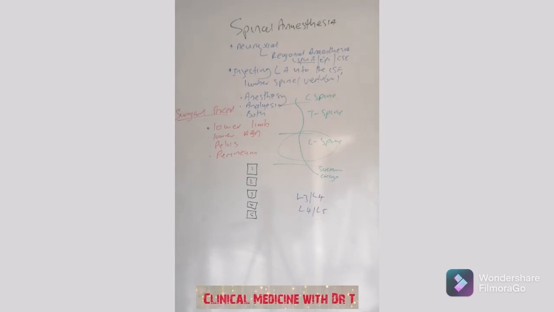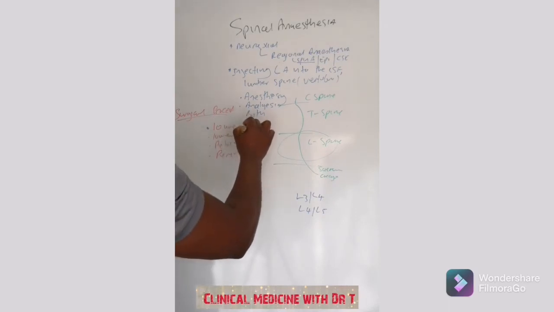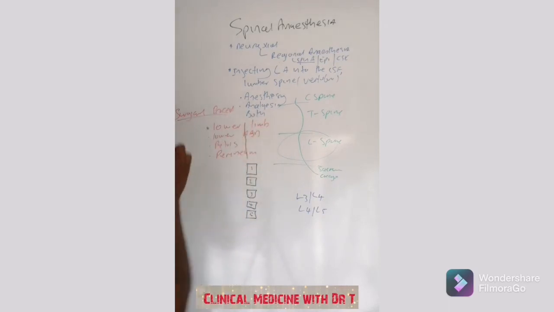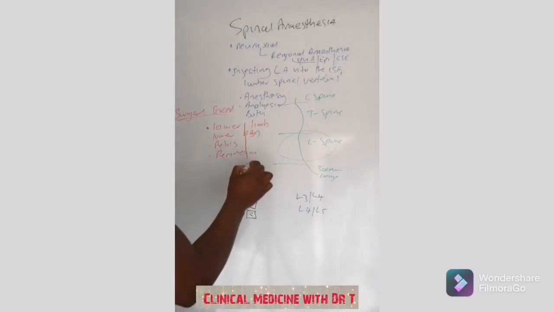The reason is that the spinal cord, as it runs down, in most patients is said to end around the lower border of L1.